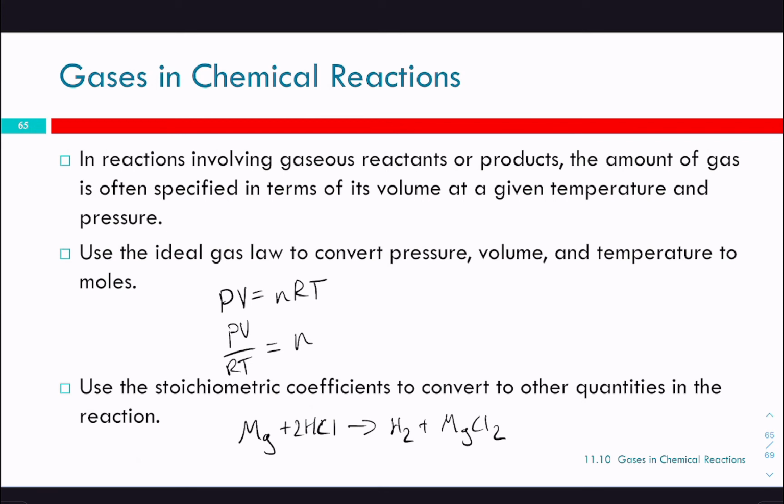I could give you a pressure, volume, and temperature of the hydrogen gas that you collected, and you could calculate the number of moles. And then you could use that to figure out how much magnesium you had started with, or how much of the hydrochloric acid you reacted with to form that much hydrogen. And it's less useful, but how much magnesium chloride was also produced.